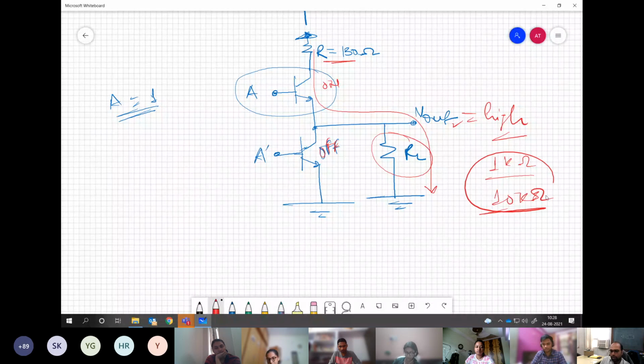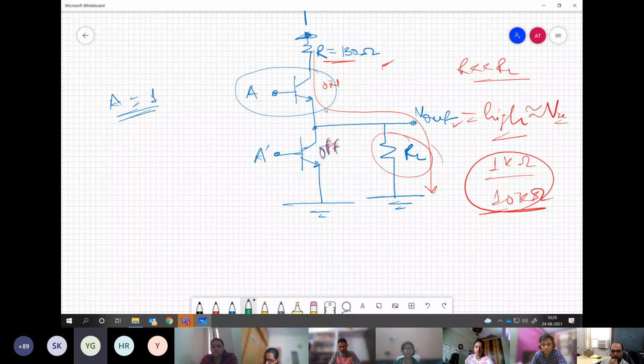So this is not going to be dependent on the load resistance. Your R is very, very less than RL. So V out is going to be very, very close to VCC. Isn't it? Yes or no? Understood or not?